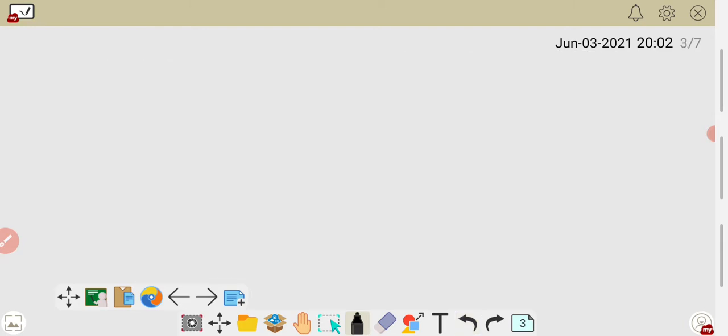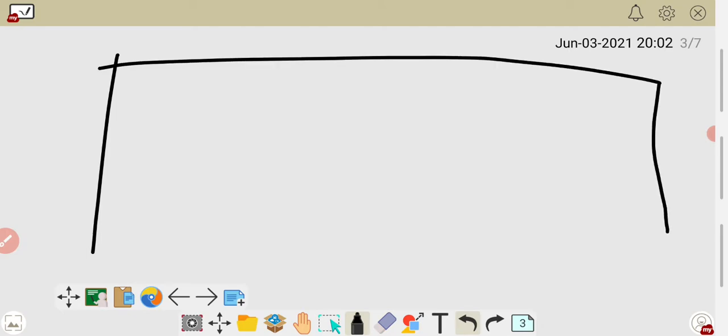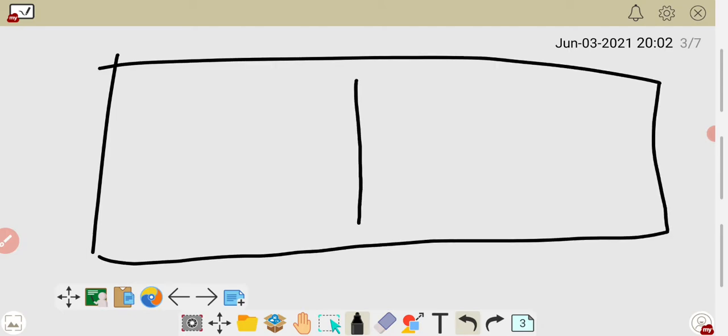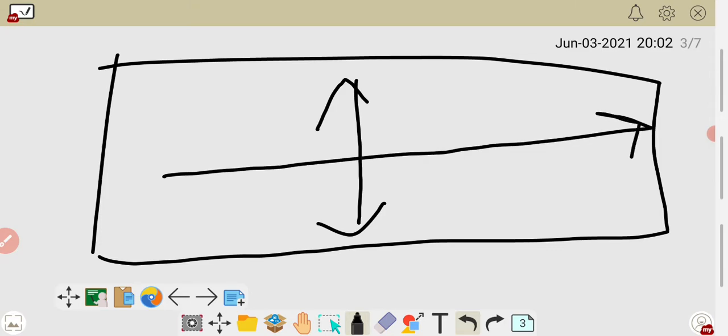Second thing, in this plane you have to draw two lines. The first one is horizontal and the other is vertical. The horizontal line is known as the x-axis, so you can write x and x dash here, and y and y dash here.